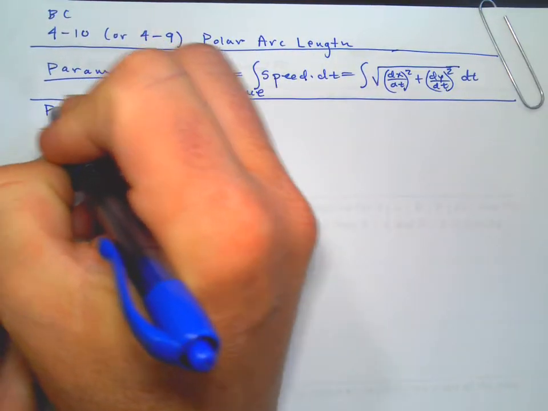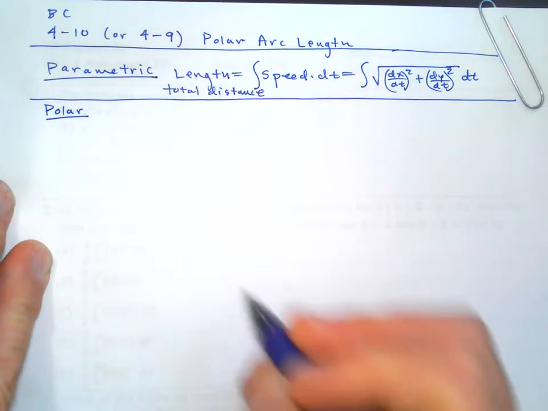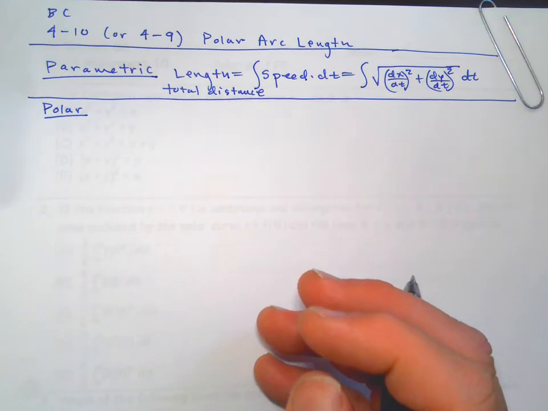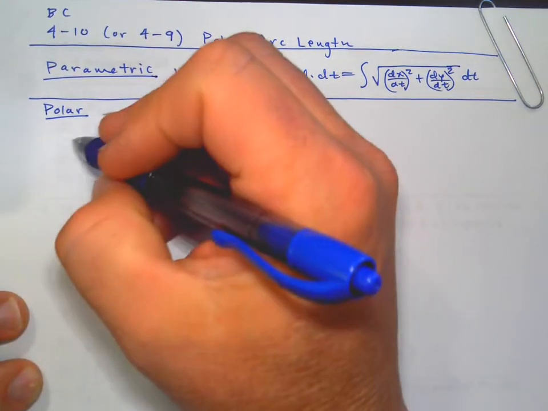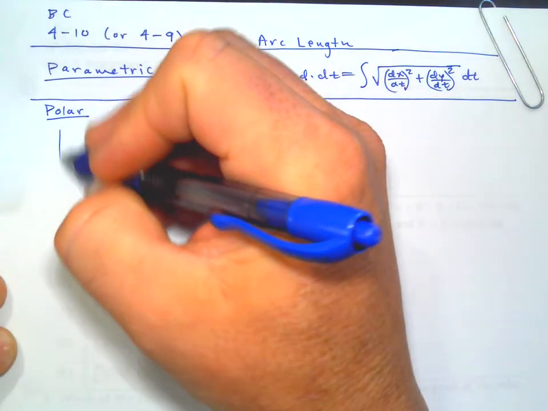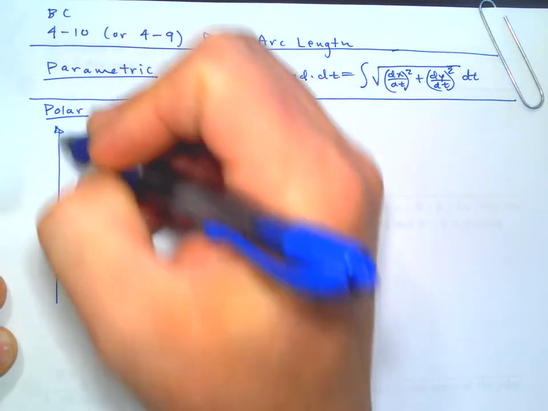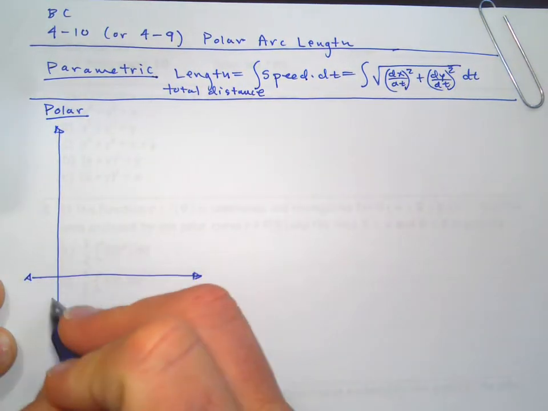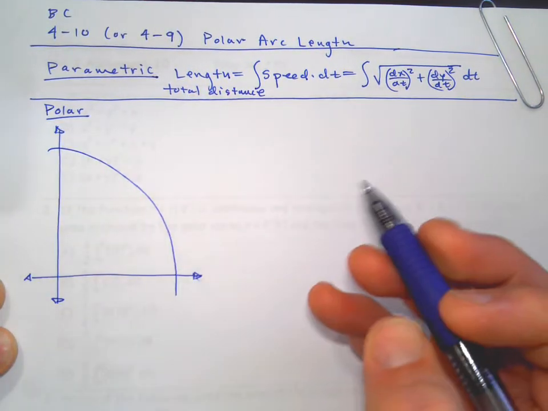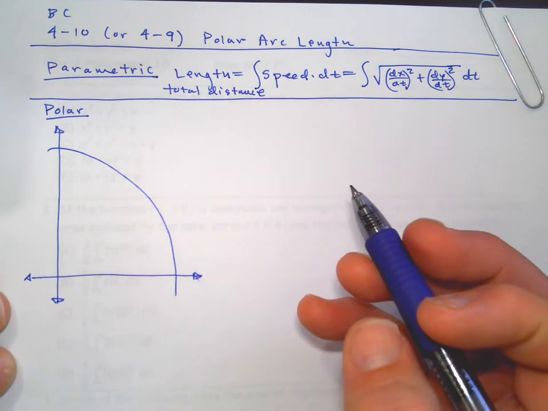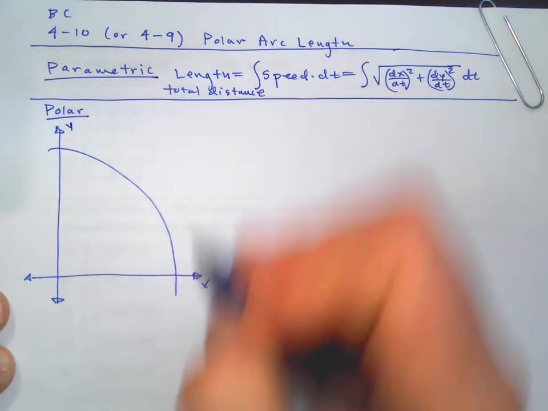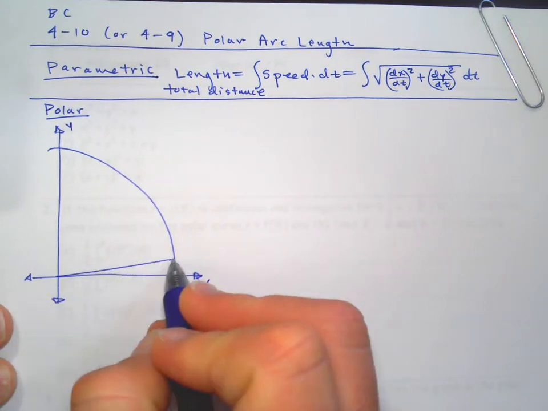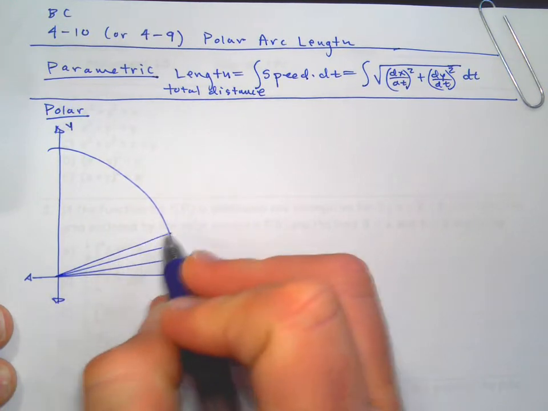But now let's take a look at polar, and let's see if we can figure out how to derive this just to start off with, because I think you guys could be good with this making sense. So I'm going to draw a generic polar curve. And the way that the curve is graphed is in this radial fashion, right?